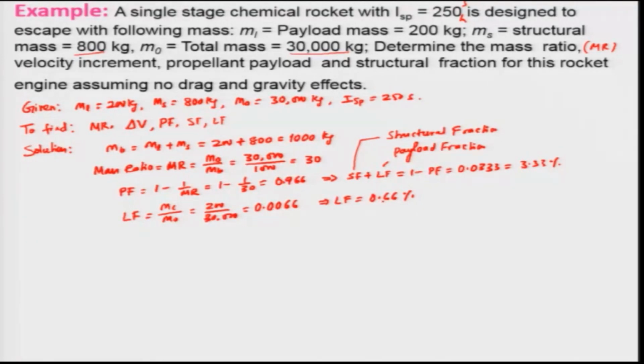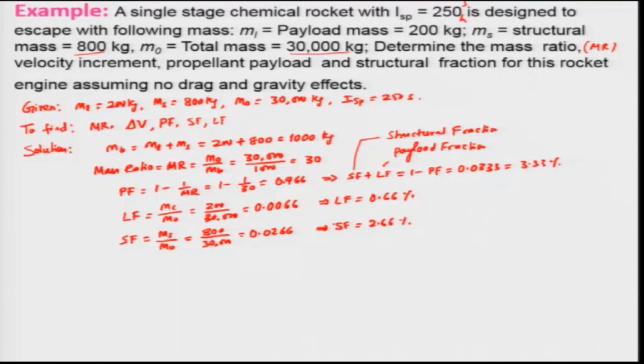It indicates that you are providing 0.66 percent for the payload. The structural fraction will be m_S divided by m naught. You can also get it from here, because you already know the LF, or you can find it directly. That is 800 divided by 30,000, which is equal to 0.0266, implying that SF is equal to 2.66 percent.